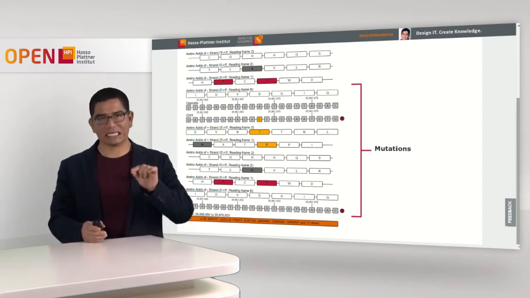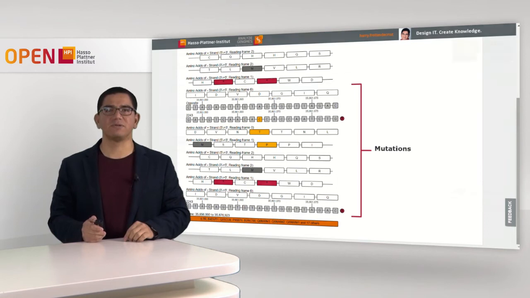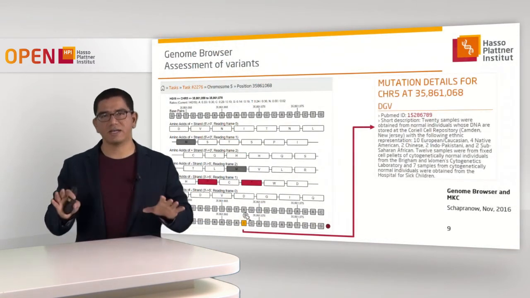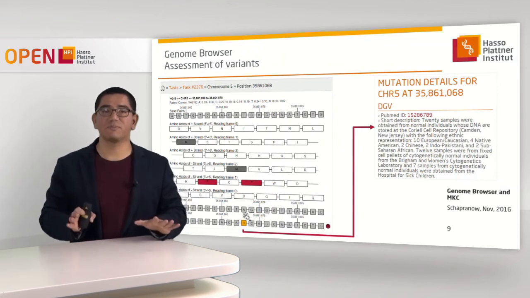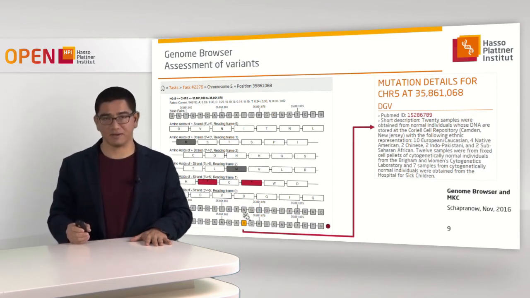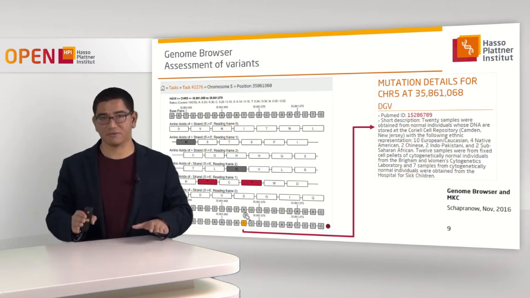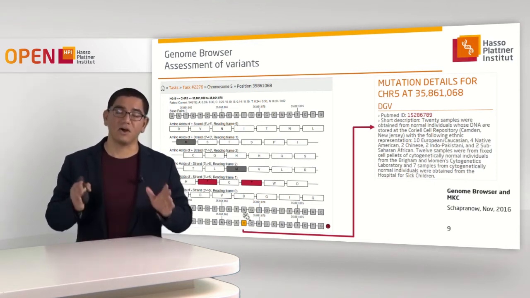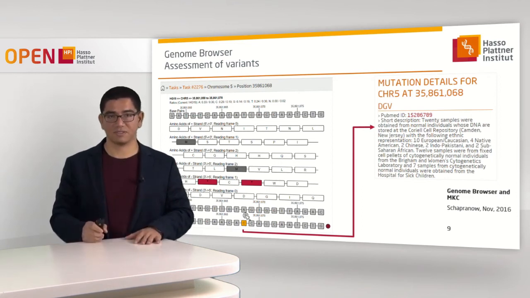If you go ahead and click on a specific mutation like that, you will have automatically lots of information on that specific mutation. You have, for example, what is the PubMed article that is related to the disease, the medical database. You have several pieces of information that are related with that specific mutation.